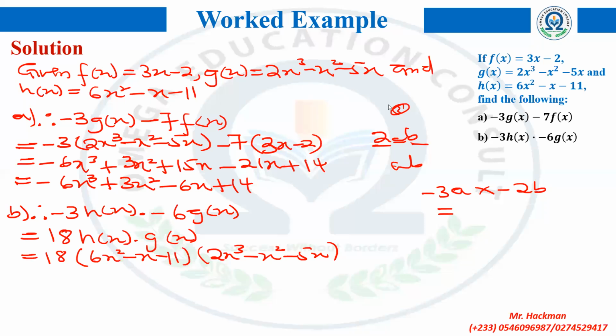You multiply first the factors with the least number of terms. So now you can see that this factor 18 has how many terms? This factor is only a monomial factor, is that clear? One term factor. This has 3 terms, then this also has 3 terms.